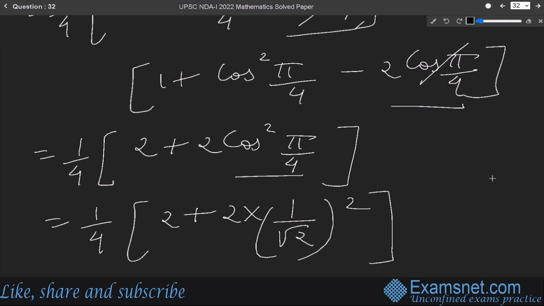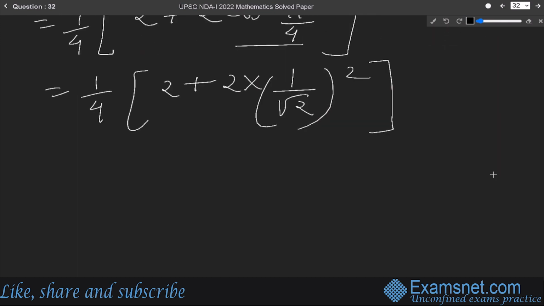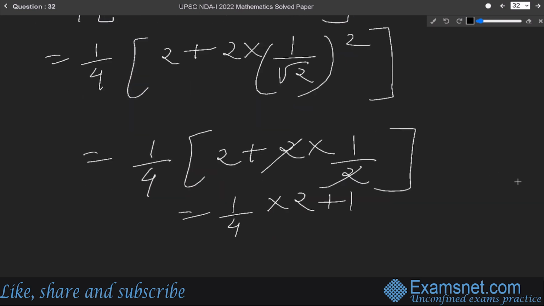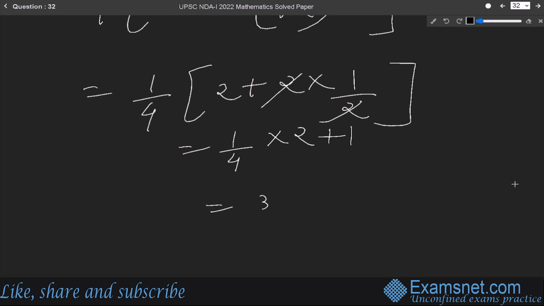So cos square pi by 4 will be (1 by root 2) whole square. Further solving, we get 2 plus 2 into 1 by 2. So 1 by 4 into (2 plus 1), which is equal to 3 by 4. So 3 by 4 is the correct answer for this question. I hope it is clear to you.